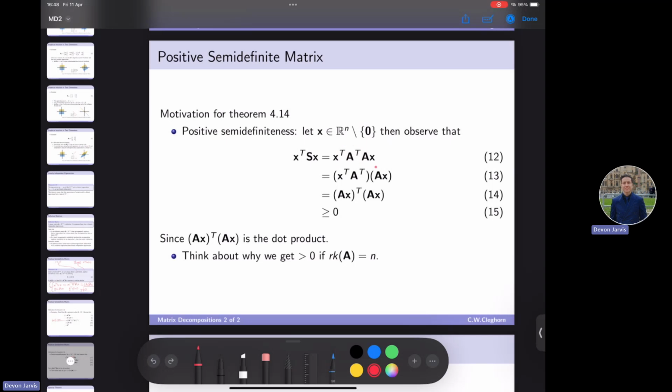Those are essentially two new vectors, and then using that same property of (AB) transposed equal to B transposed A transposed, we now use it in reverse on that bit there, okay? And so we ultimately get (AX) transposed, right?